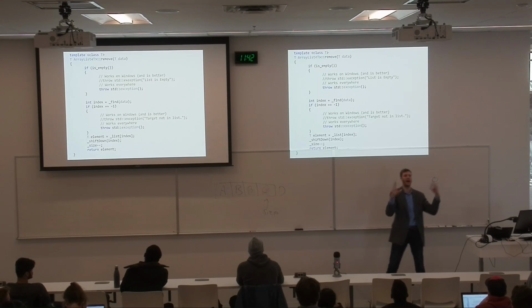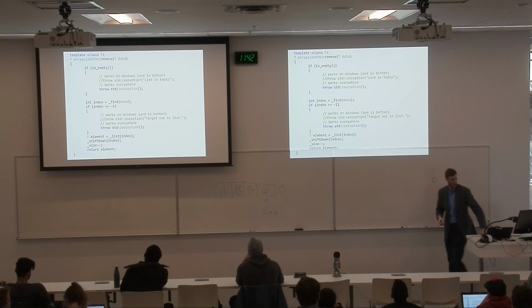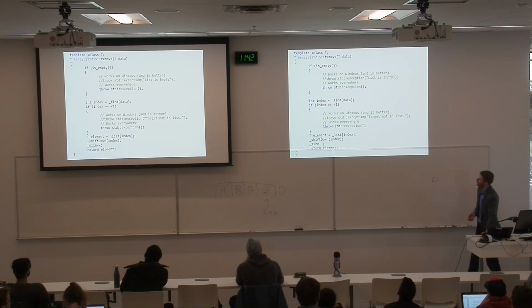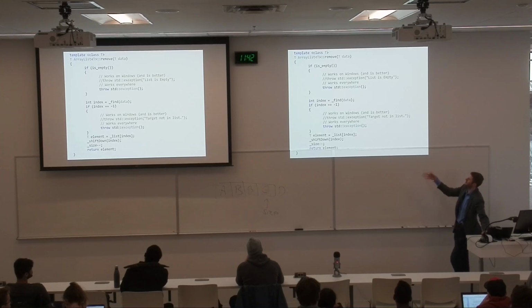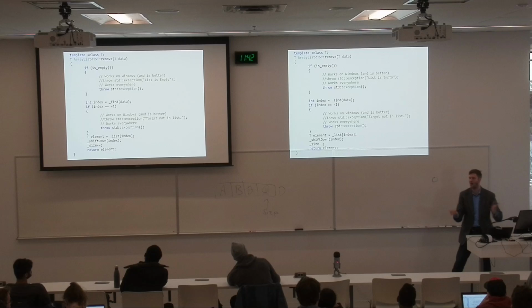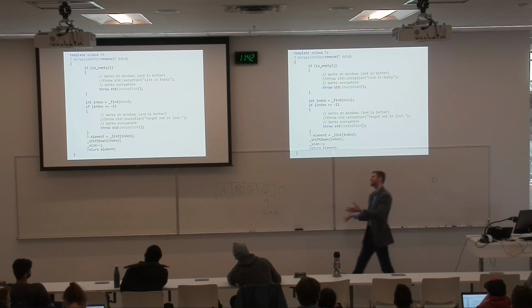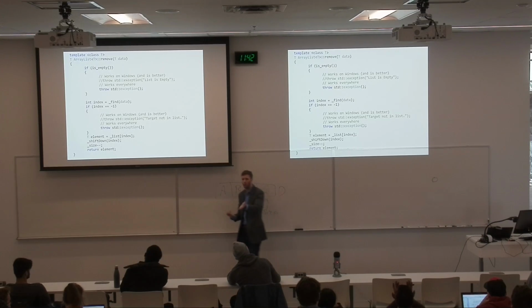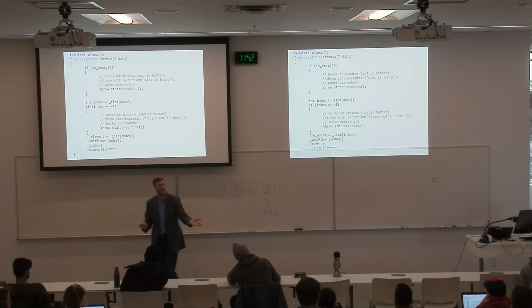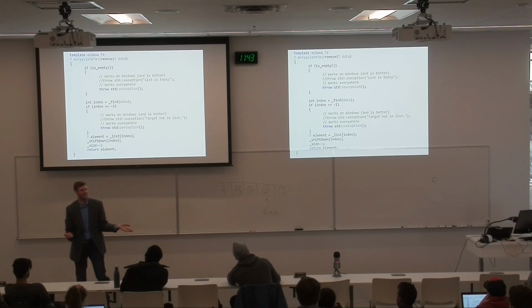That's just a special value, okay? So if index is -1, we haven't found anything, we'll throw an exception. I guess target not in list exception or something. Some value. Because again, why use an exception? Well, I don't really know what you want to do if you ask the list to remove something that doesn't exist. Do you want the program to crash? Do you want to ask the user for input again? I don't know. That's up to you.